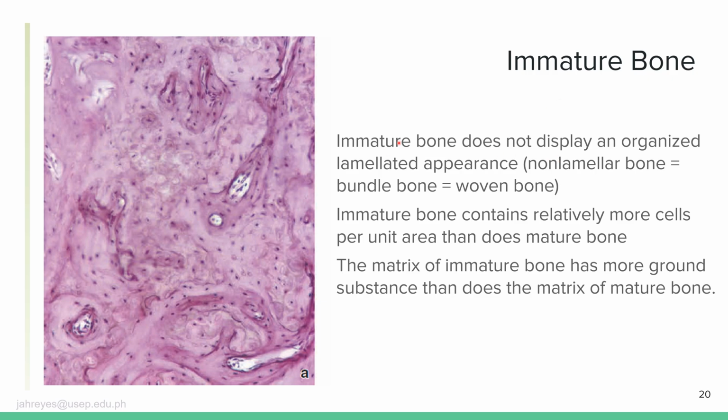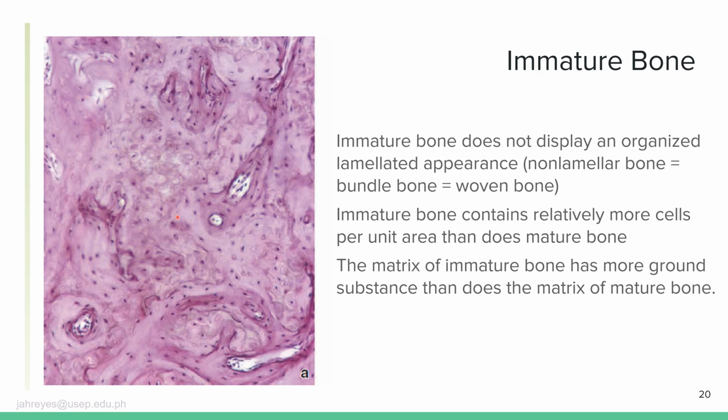So they contain more cells per unit area than the mature bone. So the matrix of the immature bone has more ground substance than does the matrix of the mature bone. So the immature bone, as you can see in this slide, is not heavily mineralized when they are formed.